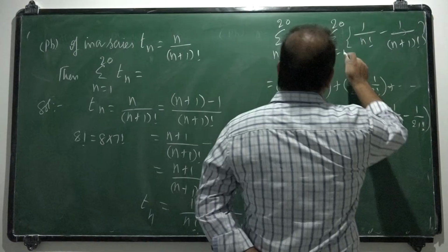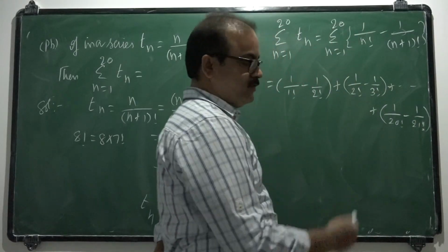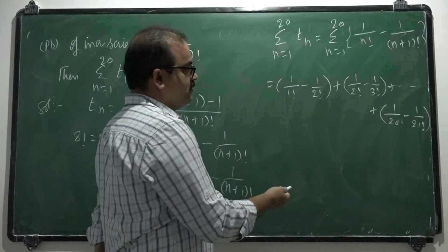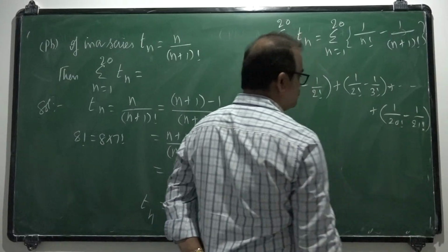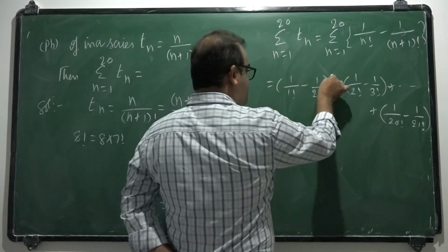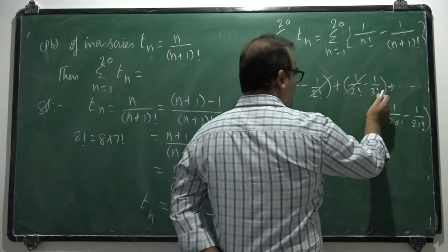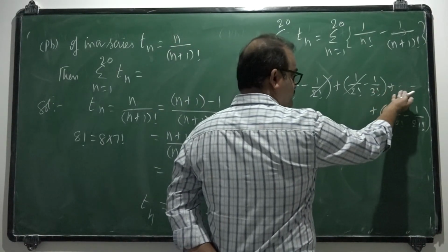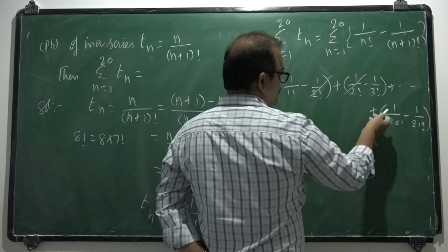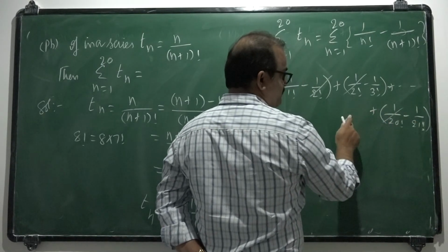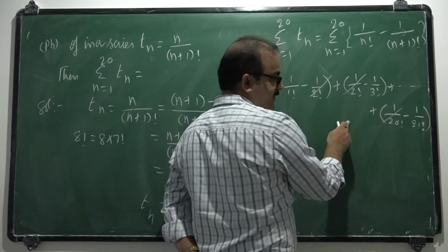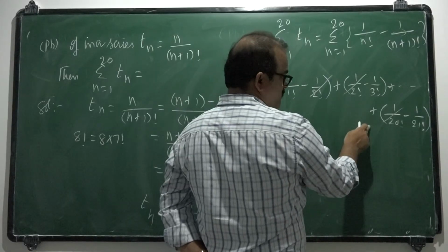N running from 1 to 20. You give n is equal to 1, n is equal to 2, finally, n is equal to 20. Here minus 1 by 2 factorial plus 1 by 2 factorial cancel. Minus 1 by 3 factorial cancels with the next term. This also cancel. What is the previous term? 1 by 19 factorial minus 1 by 20 factorial.